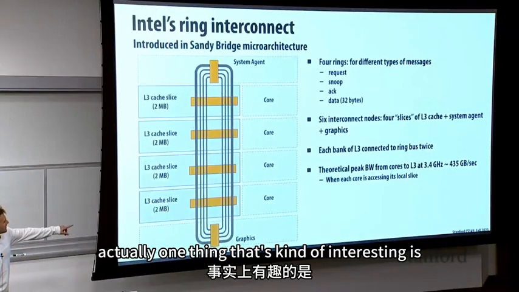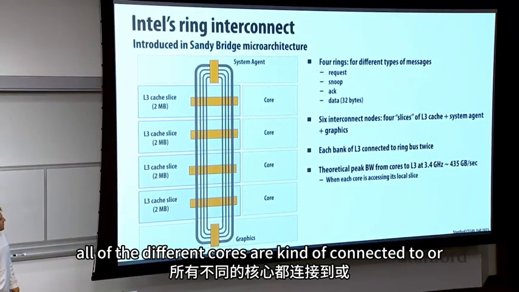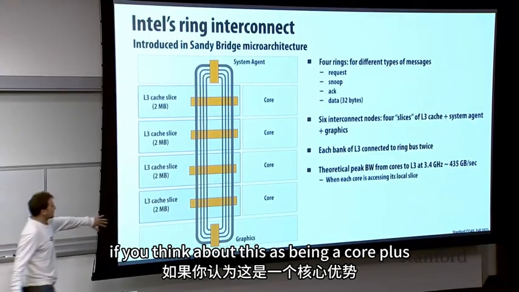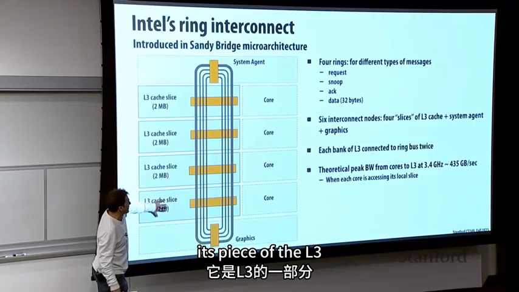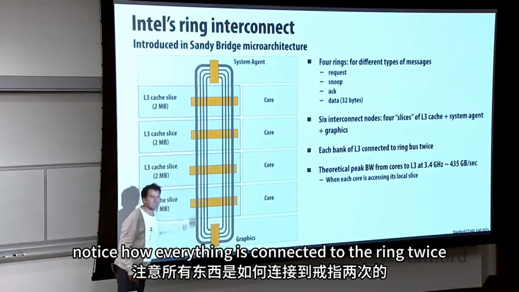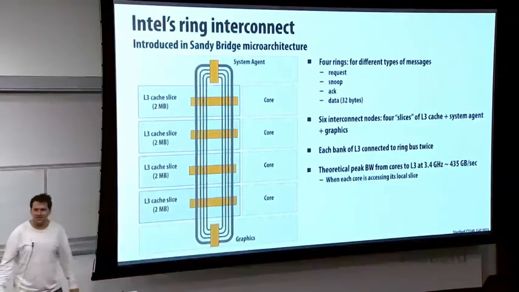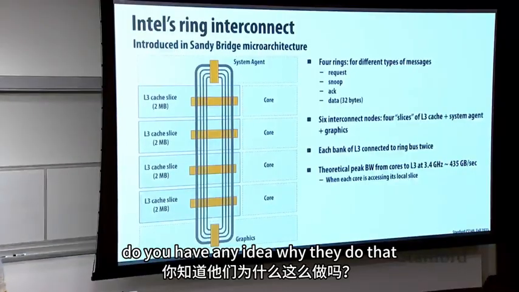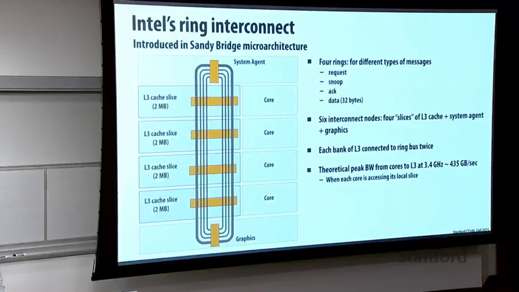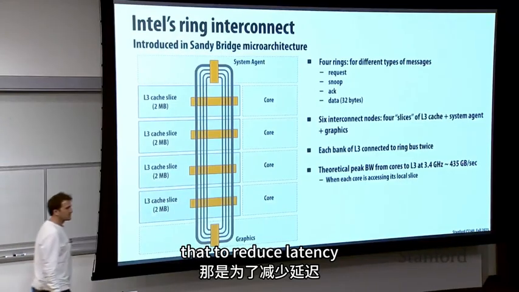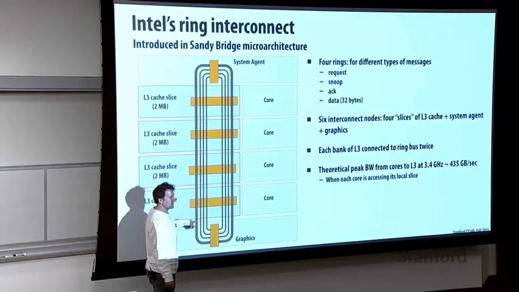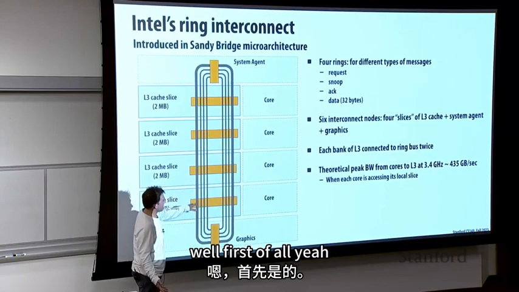One thing that's kind of interesting is, did you notice that all of the different cores, or a core plus its piece of the L3, are connected to the ring twice? Do you have any idea why they do that? Is that to reduce latency? Well, first of all, yeah, it is.